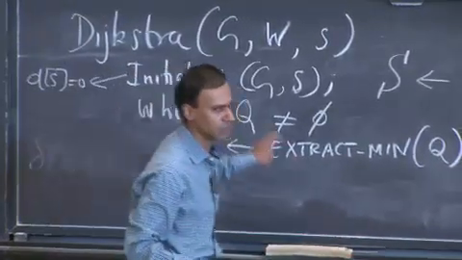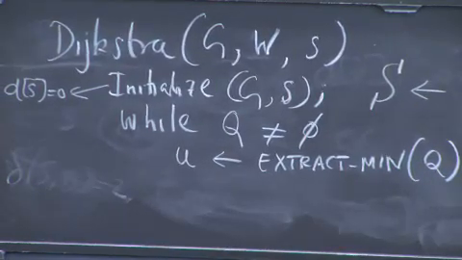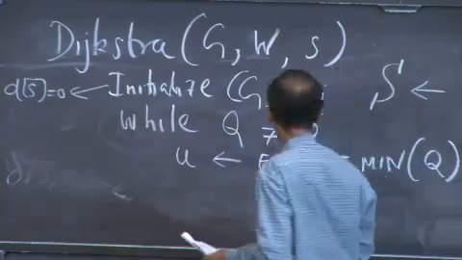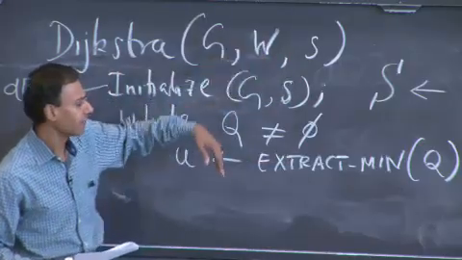That's all this initialization does, because that's all we know. We have a starting vertex, and we know that the shortest path to the starting vertex from the starting vertex is 0. So all that means is that all of the other ones have infinity values.